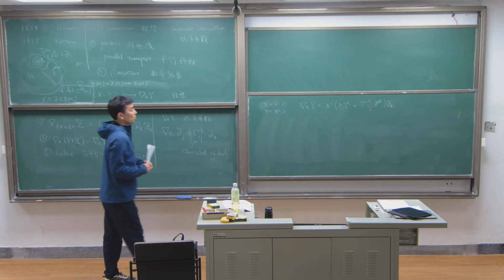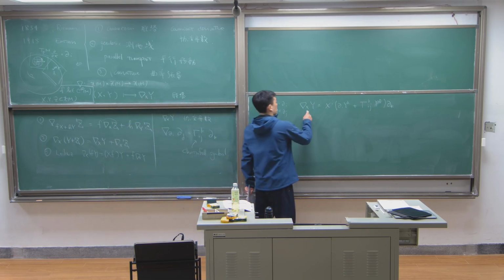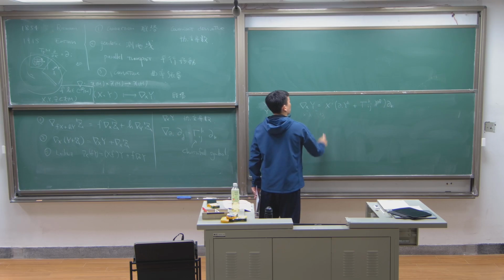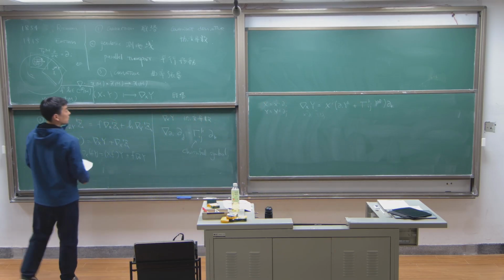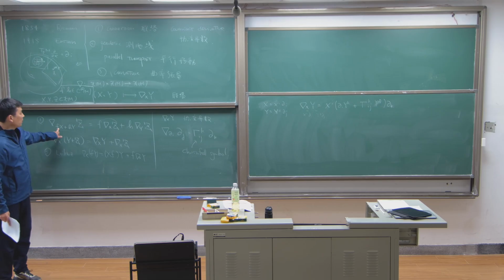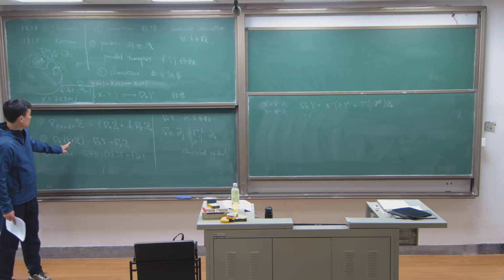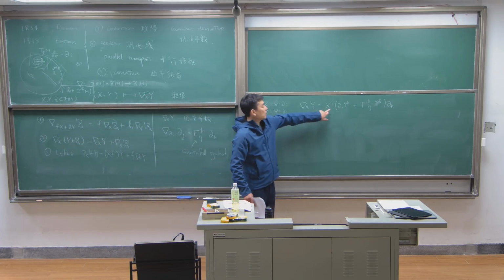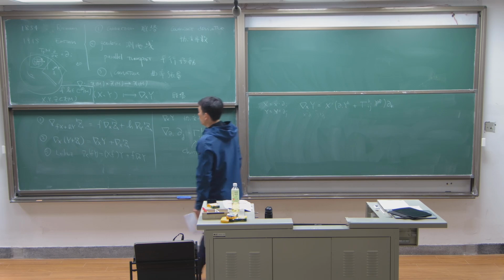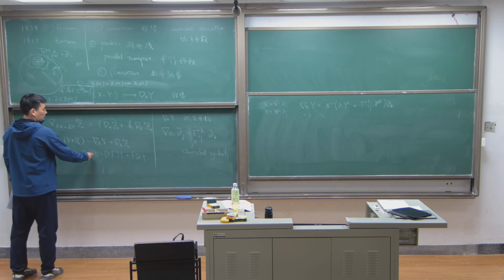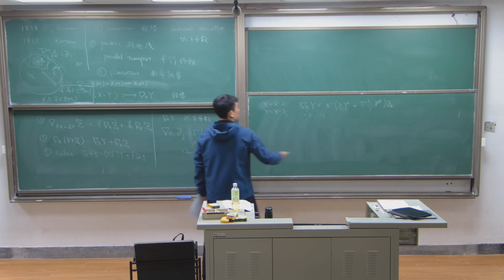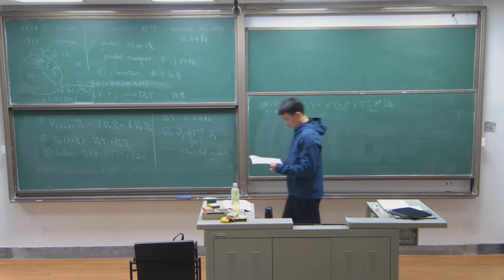For instance, if you use this property you will get this part, and if you use this one, you will get this one.